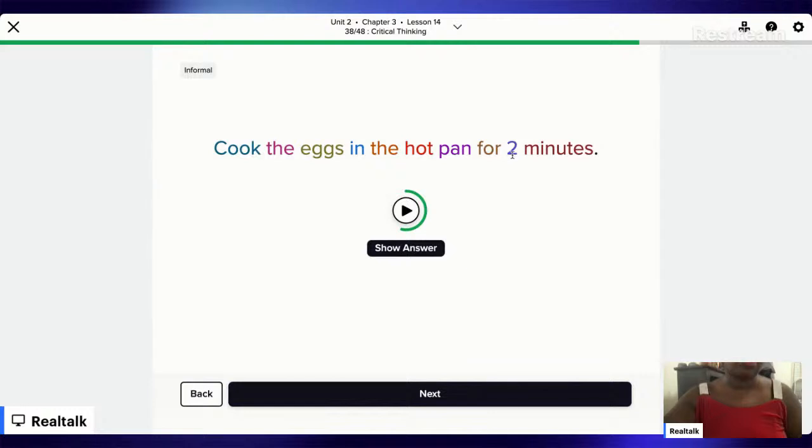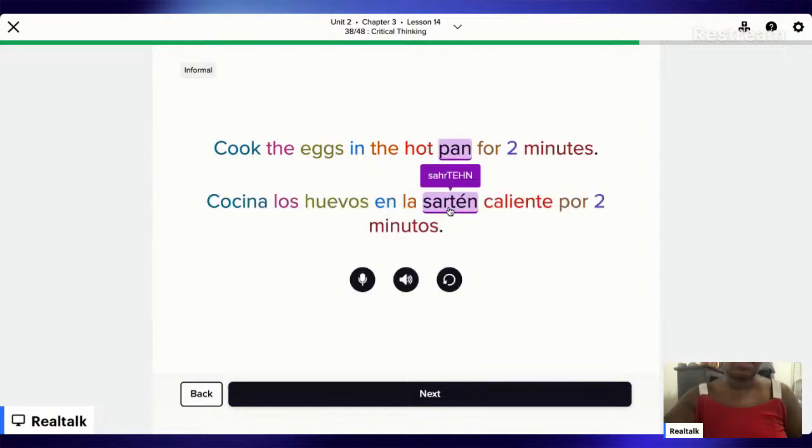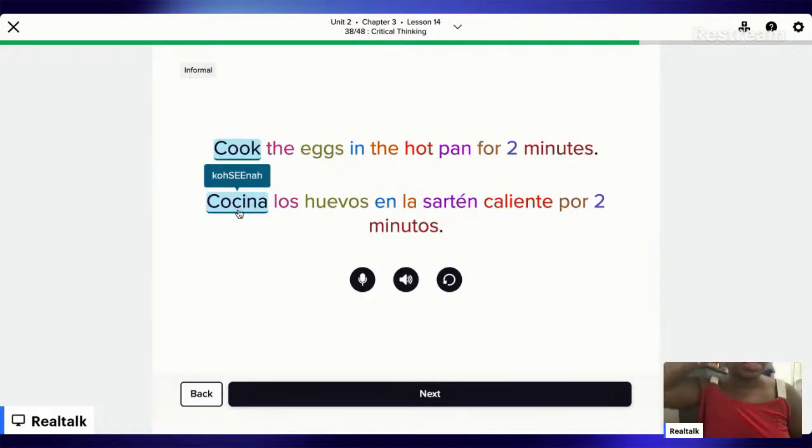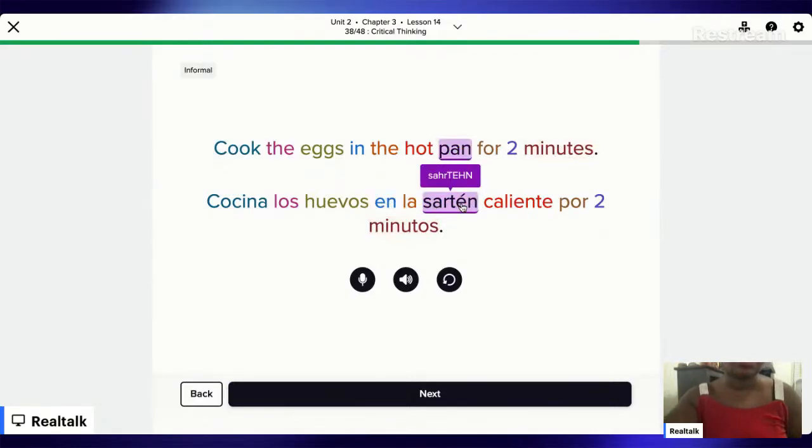Caliente por 2 minutos. Cocina los huevos en la sartén caliente por 2 minutos. I knew I wasn't going to remember this. There's no way right now that I'm able to connect the dots.